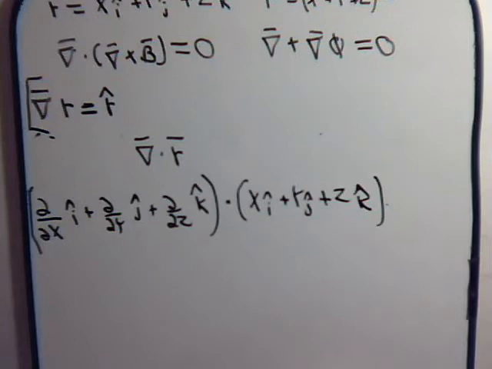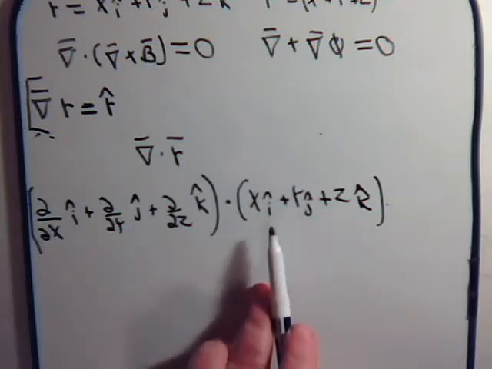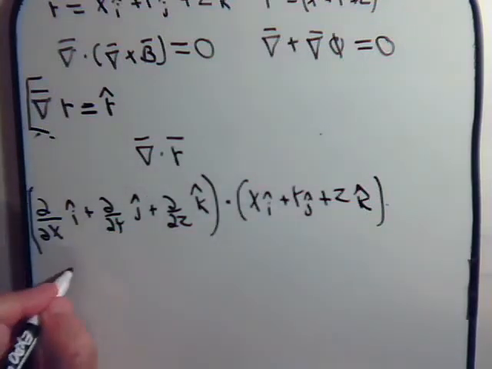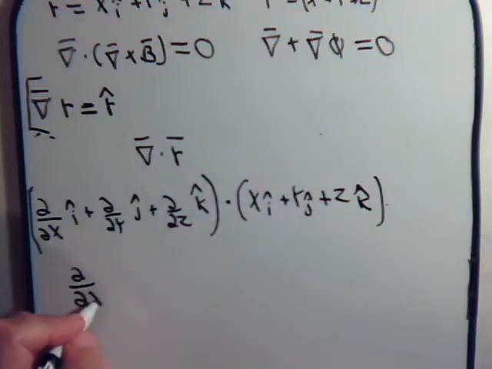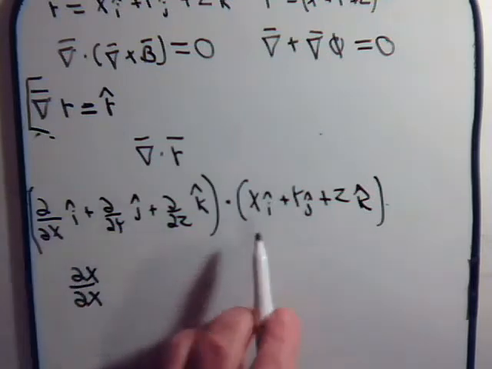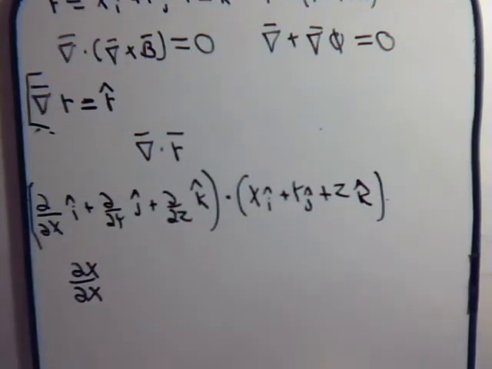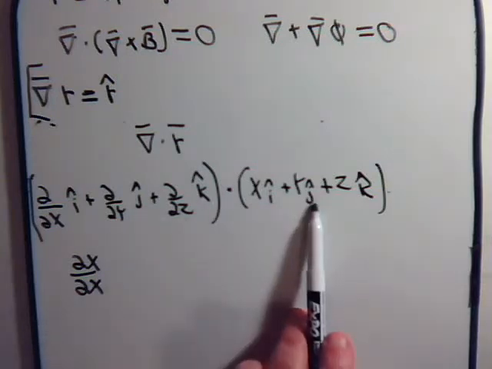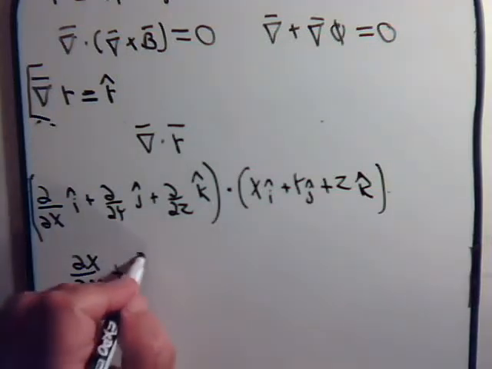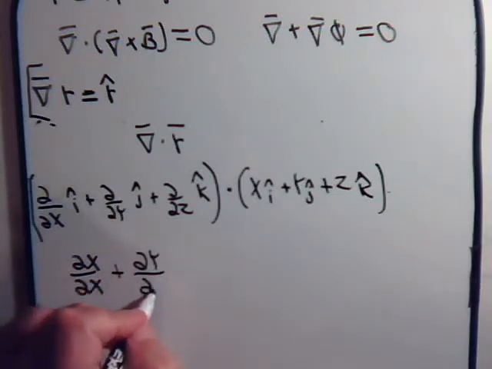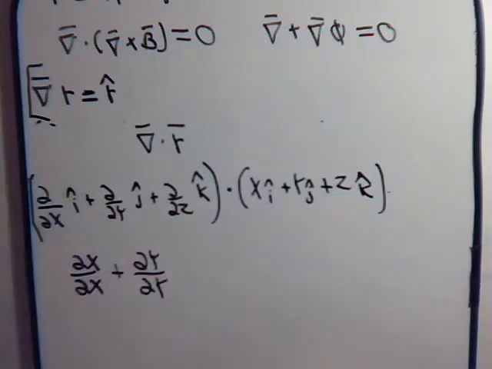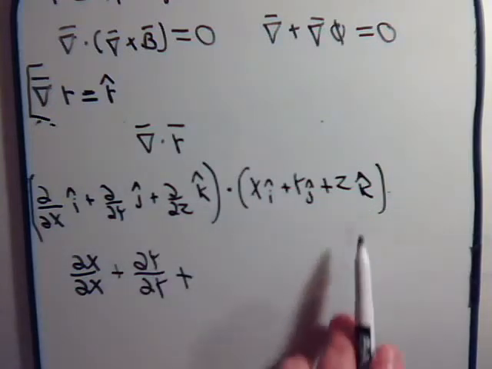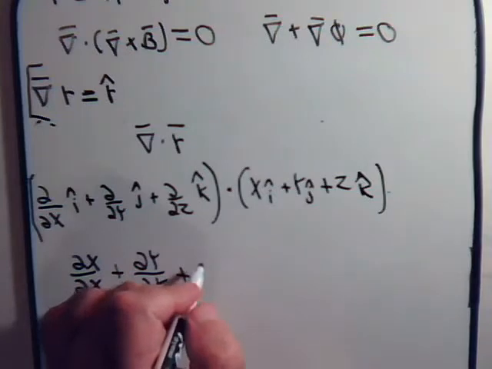So we do this, take the dot product of this, i dot i, that's 1. Now the partial of x with respect to x, that's from this component. Moving along, taking the dot product as we move along here, we'll have j dot j, that's 1. So we'll have plus partial of y with respect to y, plus k dot k, that's 1, under the partial of z with respect to z.